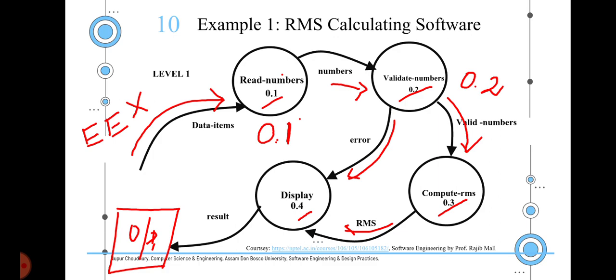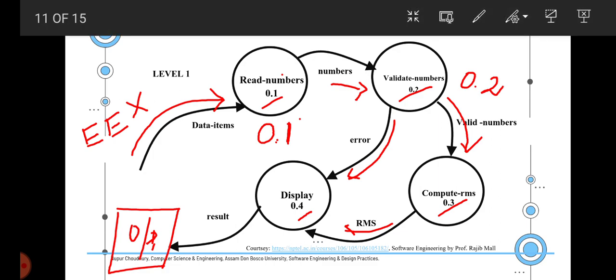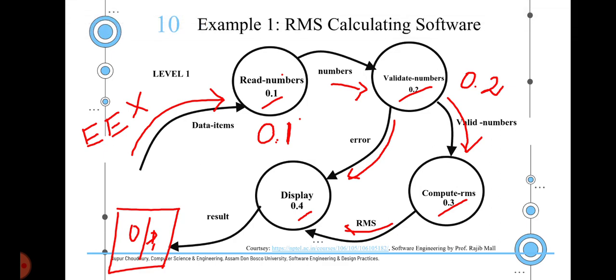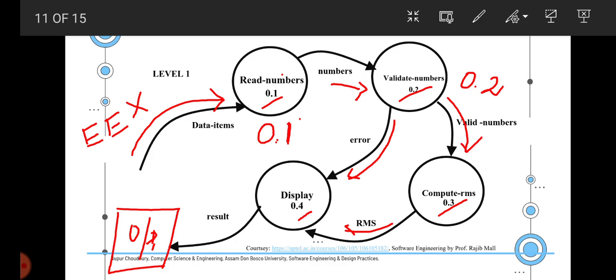Now in the next level, we will be basically breaking down this compute RMS process into its smaller sub functions. That means 0.3 would be broken down into the 3 different steps: computing of squares, computing of mean, and then finding out the root of the result, which is basically done in the next level DFD.